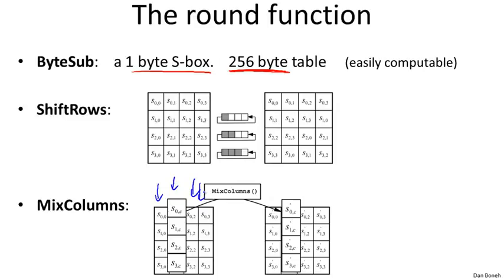Now I should point out that so far shift rows and mix columns are very easy to implement in code, and the byte substitution itself is also easily computable, so that you can actually write code that takes less than 256 bytes to write, and you can shrink the description of AES by storing code that computes the table rather than hardwiring the table into your implementation.